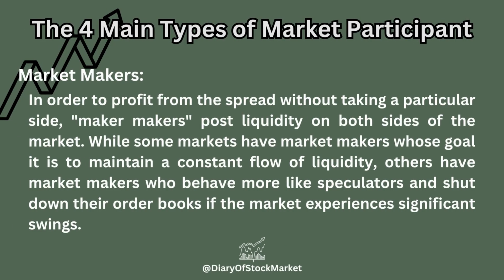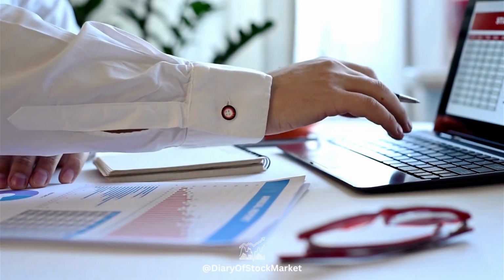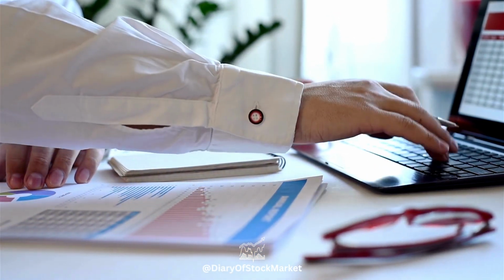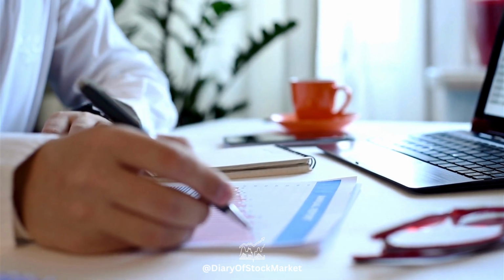In order to profit from the spread without taking a particular side, makers post liquidity on both sides of the market. While some markets have market makers whose goal it is to maintain a constant flow of liquidity, others have market makers who behave more like speculators and shut down their order books if the market experiences significant swings.